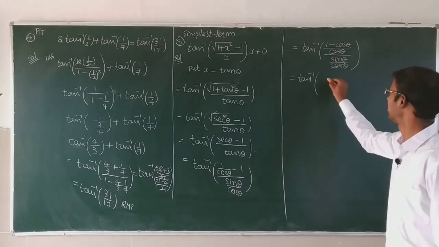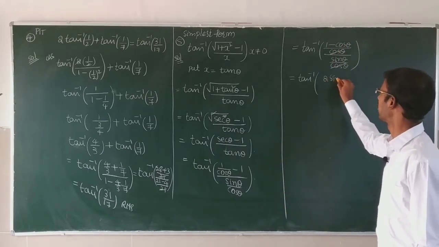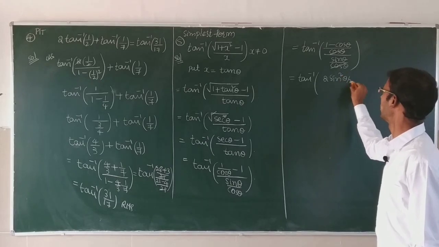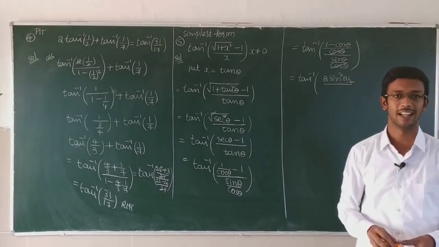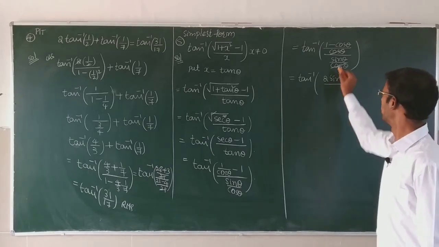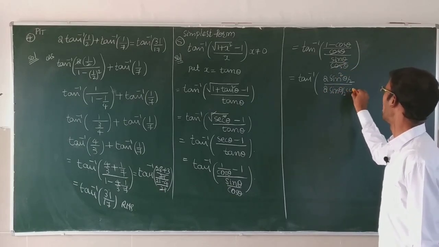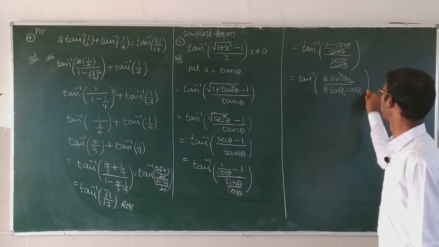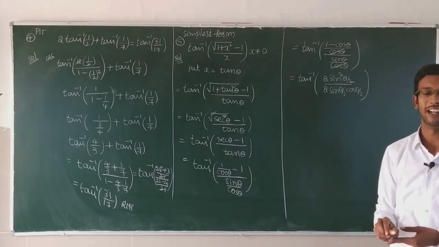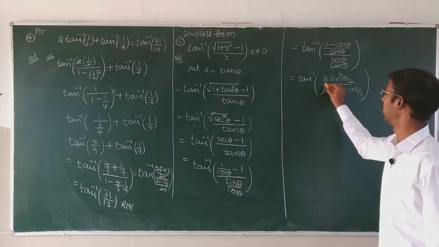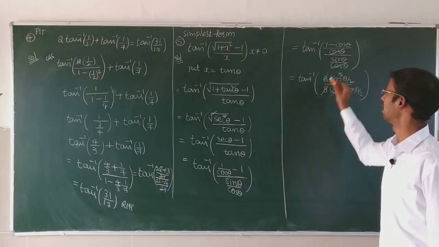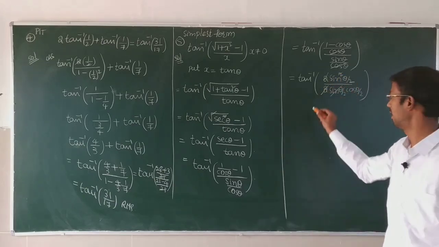1 minus cos theta is nothing but, we know the formula, 2 sin square theta by 2. Sin theta is nothing but 2 sin theta by 2 cos theta by 2. 2 gets cancelled, one sin theta by 2 gets cancelled.